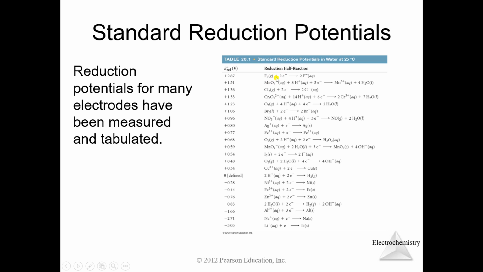So that is a gain of electrons, therefore it is reduced, and we get a positive value. If the reverse of this happened, where I have 2 fluoride ions and they were giving off 2 electrons to get back to F2, this value would be flipped for the sign. So it would be negative 2.87.